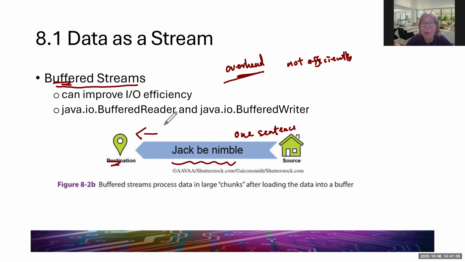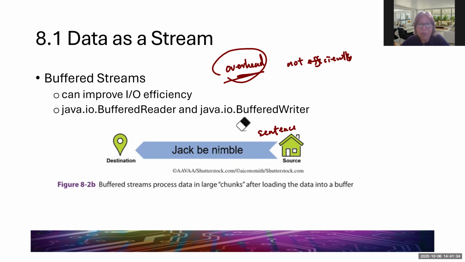So for the file, we write line by line instead of letter by letter, because with letter by letter, each time you write you need to access the file, and the overhead is too much. In Java, we have two classes that handle that, called BufferedReader and BufferedWriter. We are going to see how we can use them for our processing.